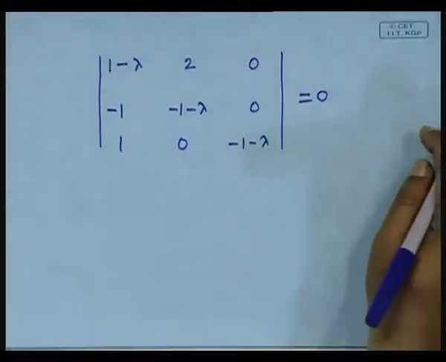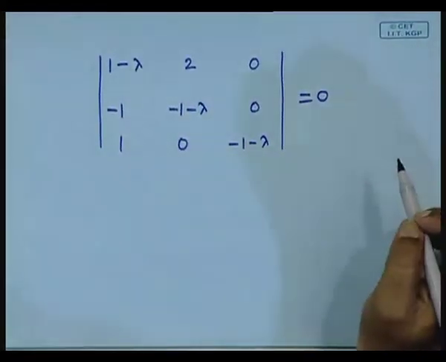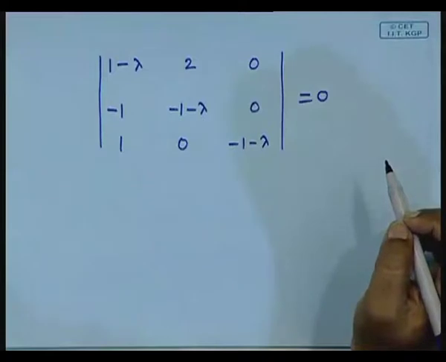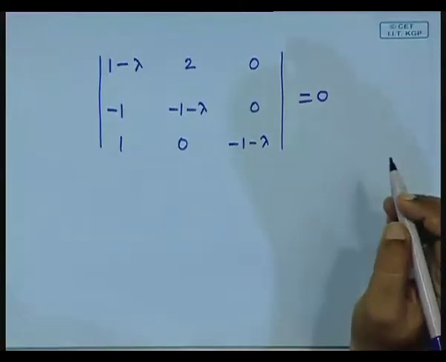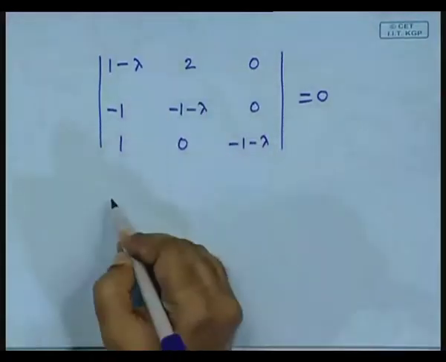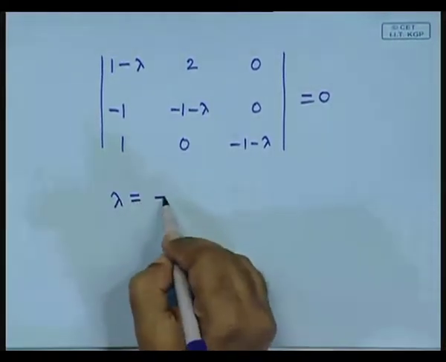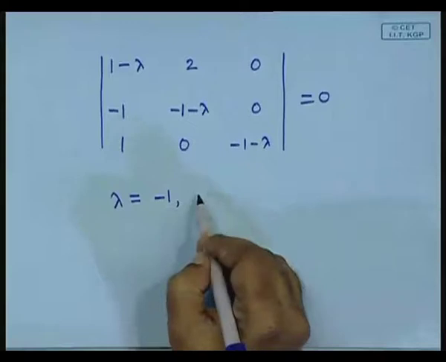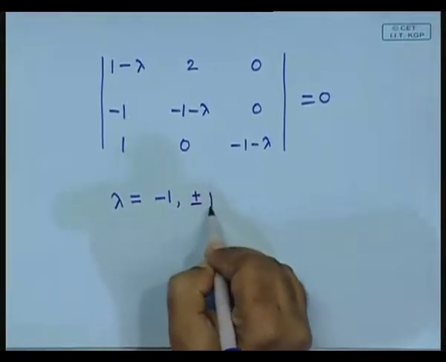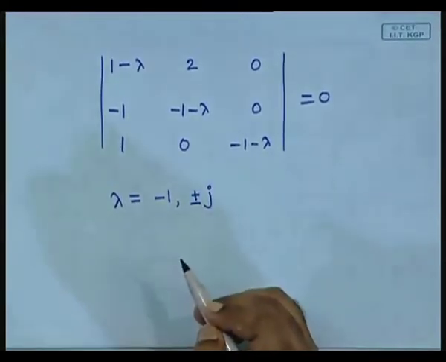So what has it yielded? If you solve this, you are getting lambda is equal to minus 1, plus minus j. Fine.